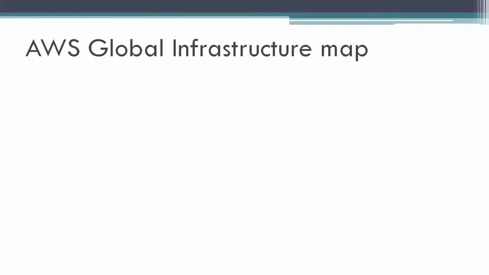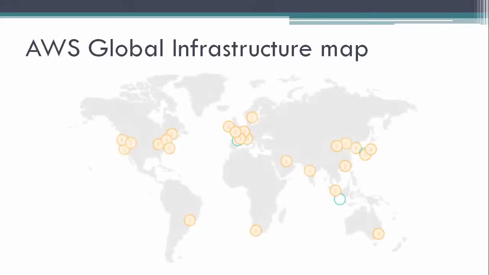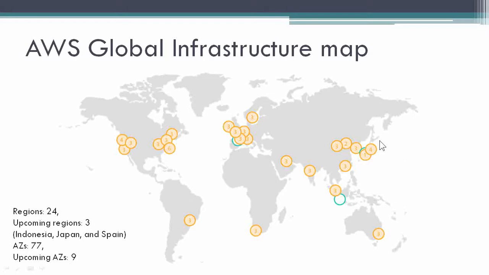So let's start with the global infrastructure map. You can see in this image, it is the world map, and you can see the circles. These circles indicate the AWS regions. AWS regions are spread all over the world. You can see them in Asia Pacific, Europe, the US, North America, South America, Africa, Australia.